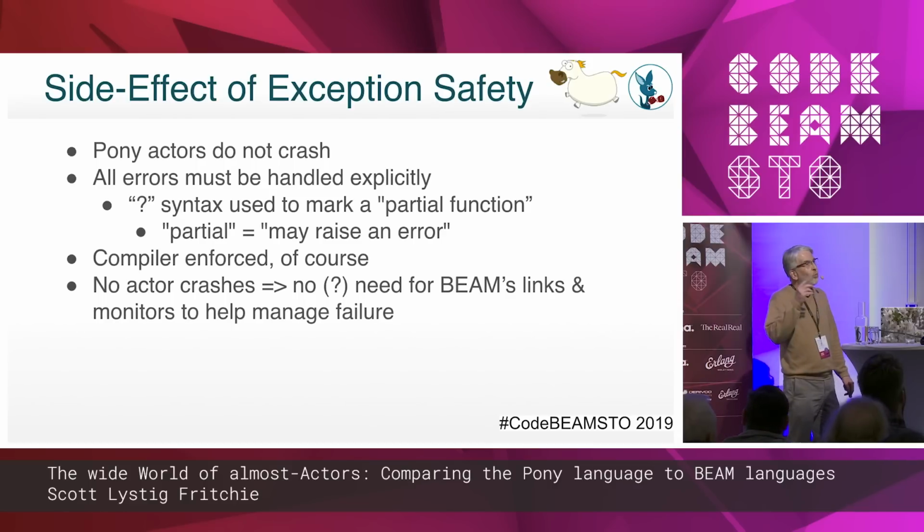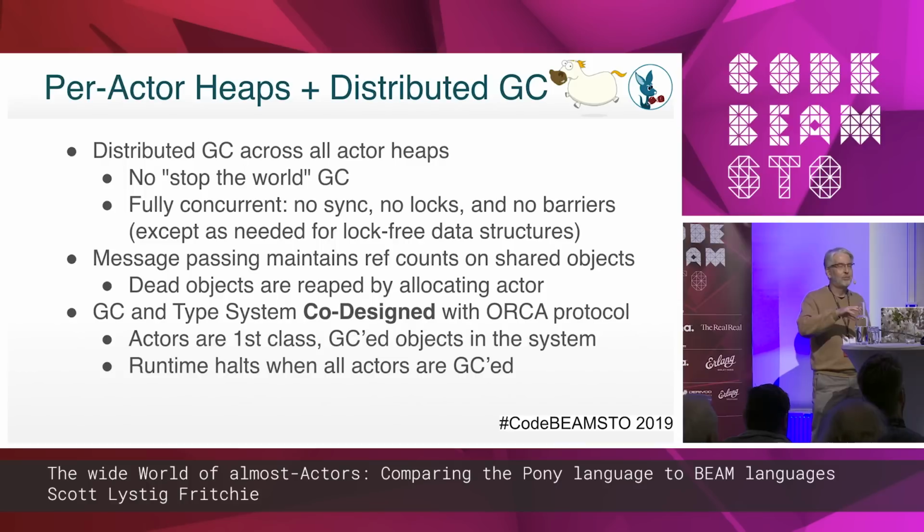There is one heap per actor in Pony, which is very similar to the Beam VM, where each Beam process has its own private heap, and that heap is garbage collected on an individual basis. So there is no global synchronization required for garbage collection.